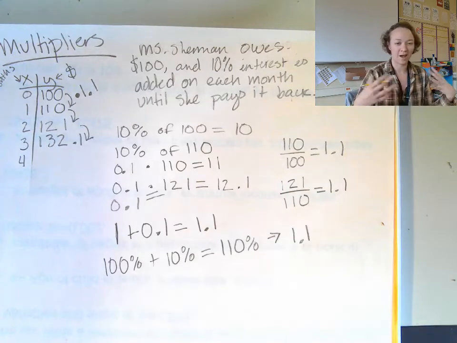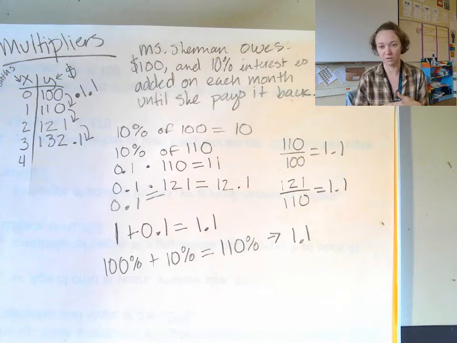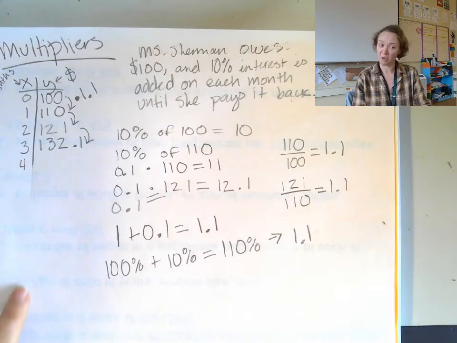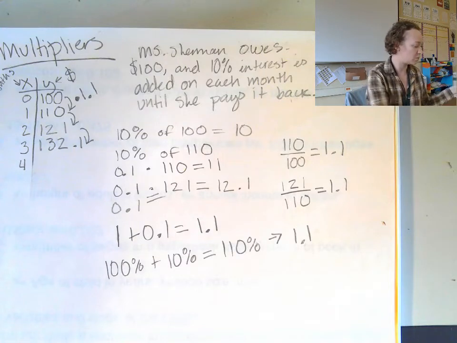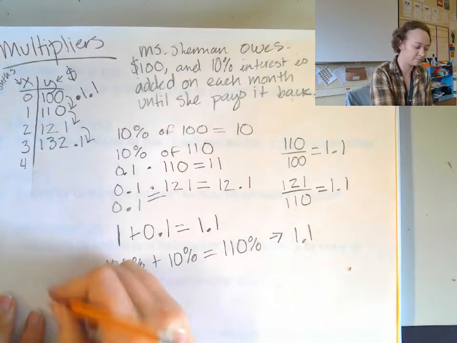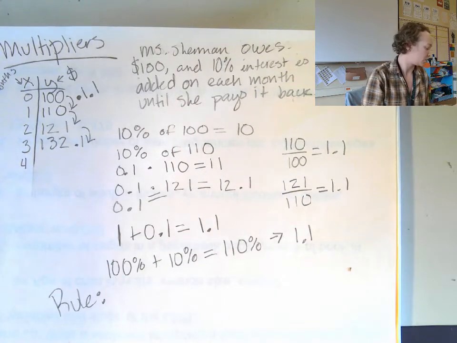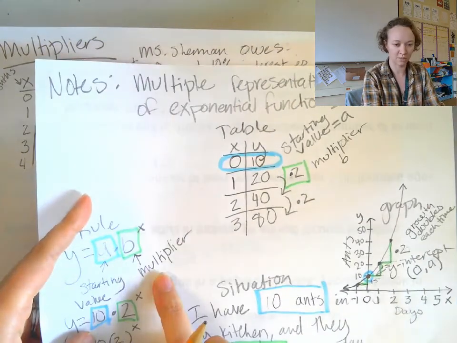So then I want to know, I'm really not on top of it. I don't pay it off for an entire year. After an entire year passes, how much is this going to be? Yes, you could extend the table all the way out, but I think we should write a rule. So let's use what we learned in the previous one to write a rule. So we know we're going to need a starting value and a multiplier.